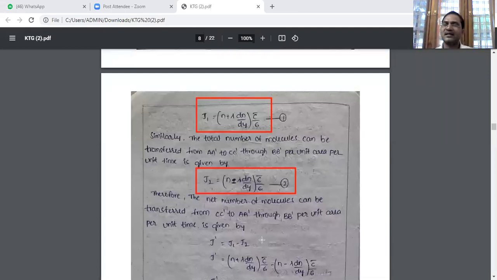Therefore, the resultant, the net number of molecules transferred from the upper layer CC dash to the bottom layer AA dash, is given by J1 minus J2. So we write J dash equal to J1 minus J2. Clear, sir? Yes, sir.